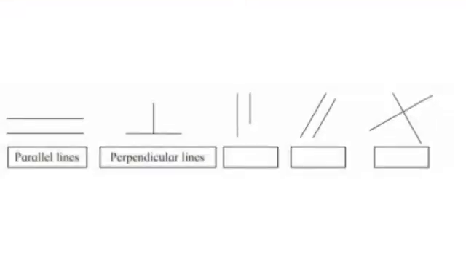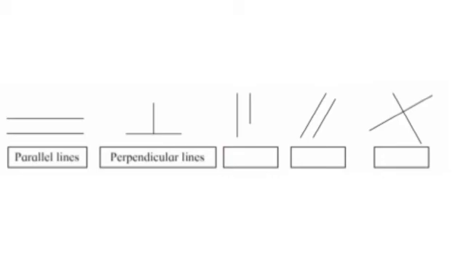Two answers are already given to us. First, parallel lines. Parallel lines means lines which do not cut or intersect each other. Second one, perpendicular lines. Perpendicular lines means the two lines meet at a point and make an angle of 90 degrees. So these lines are perpendicular lines.